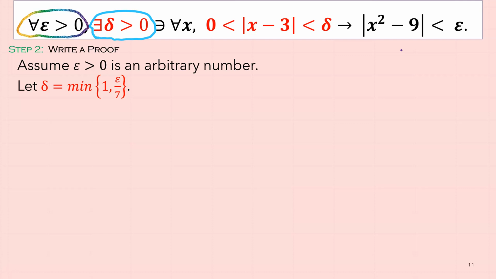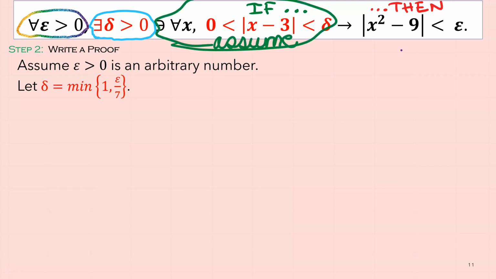So we can logically prove this statement here. Now the next part is an if-then statement. How do we prove an if-then statement? We assume the if part is true. Then our job is to show that the then part follows.